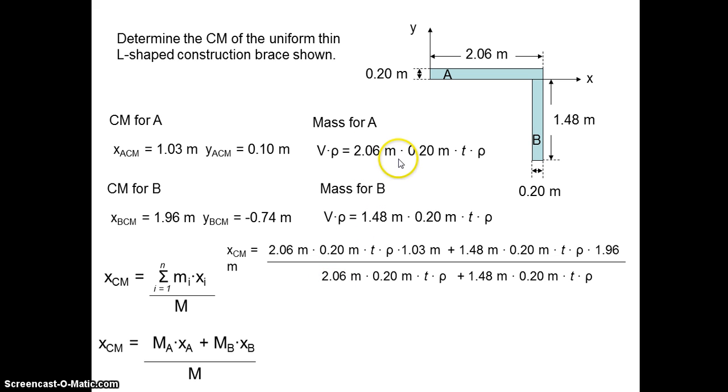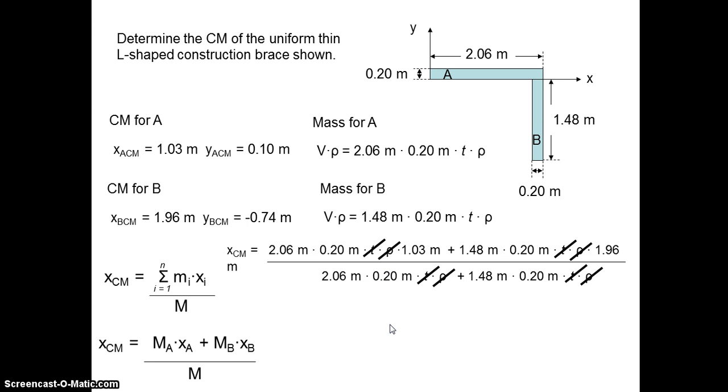So I'm going to add both of these masses together for A and B. What I want you to notice is that there's a TP, thickness and density, in each part of the numerator and each part of the denominator, which means I can factor out the thickness and density in both of them, and I can cancel it. So I'm just going to cancel it right off the bat here.